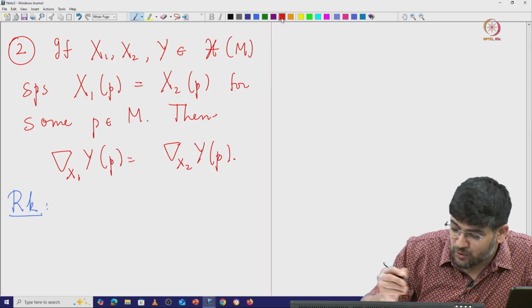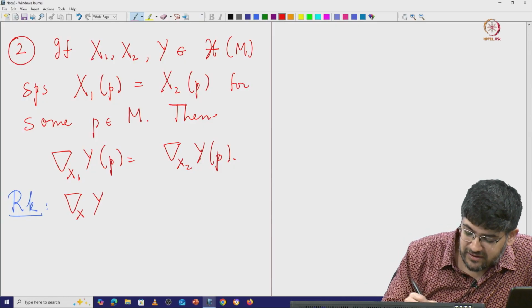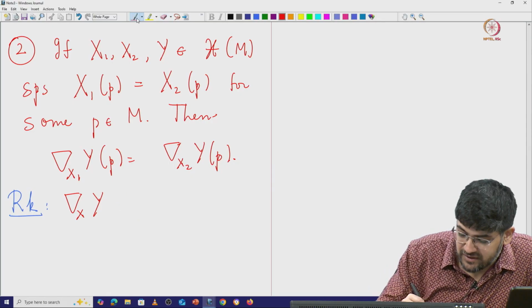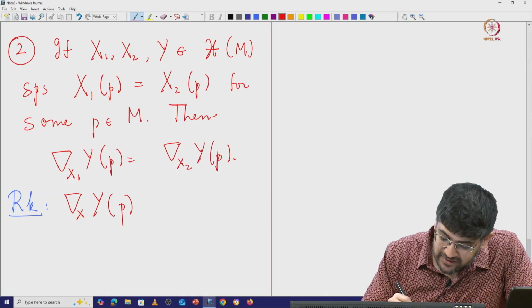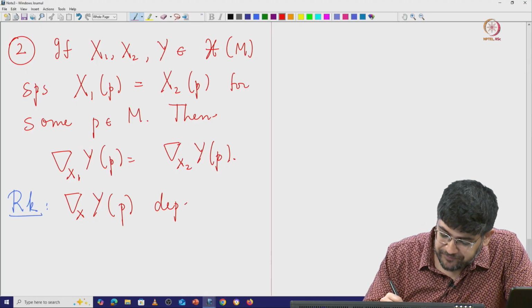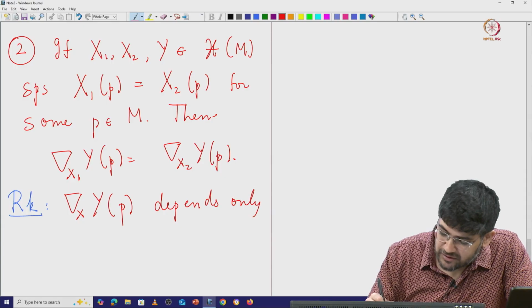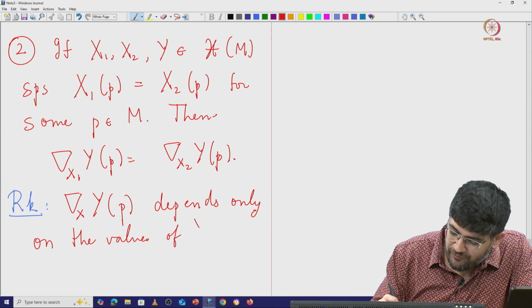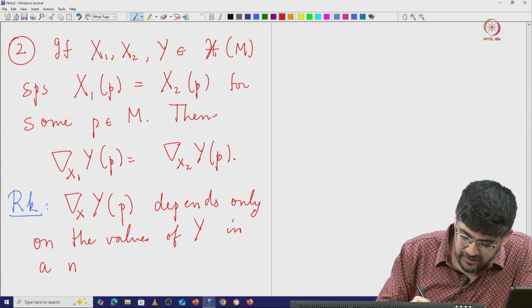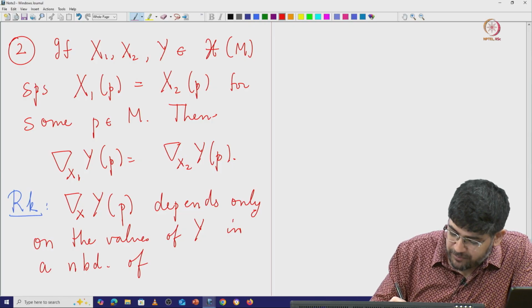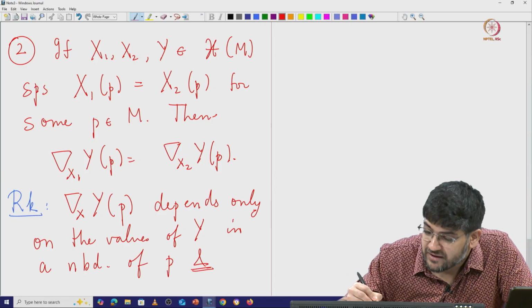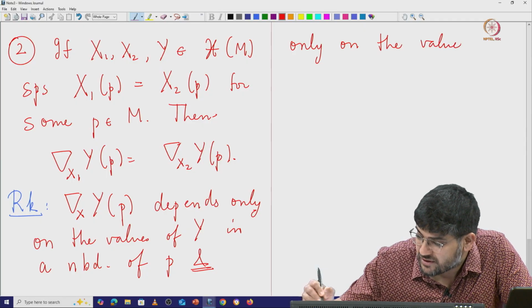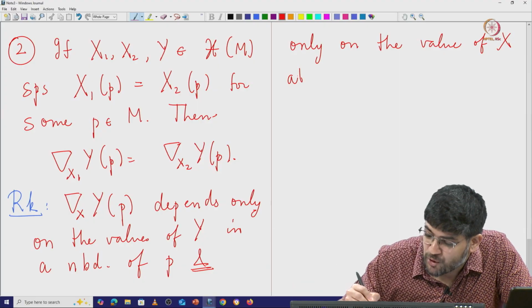So in words, what this means is that if you want to compute this at some point p, then this basically depends only on the values of y in a neighborhood of p and only on the value of x at this single point p.